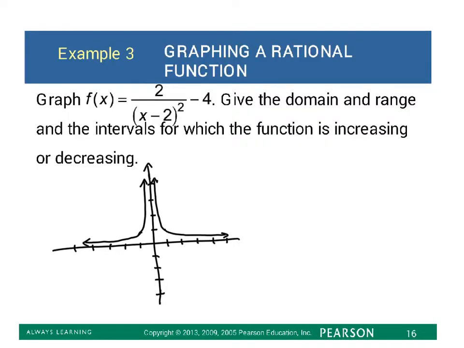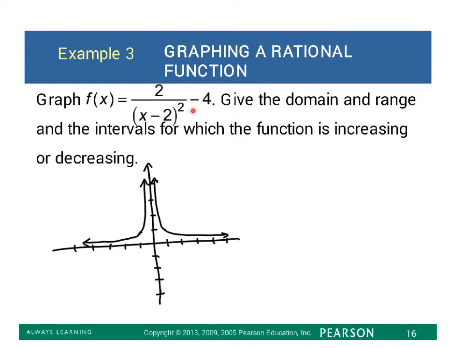So what we're going to do to graph this example right here is apply our horizontal and vertical shifts, similar to what we did in the last example. What this means right here is we have a vertical shift.